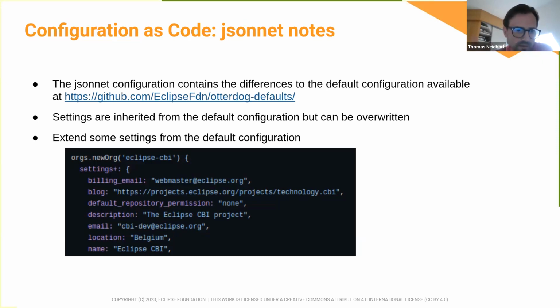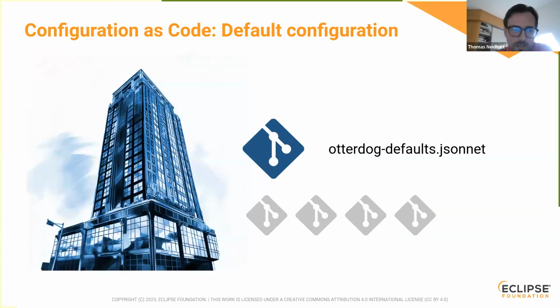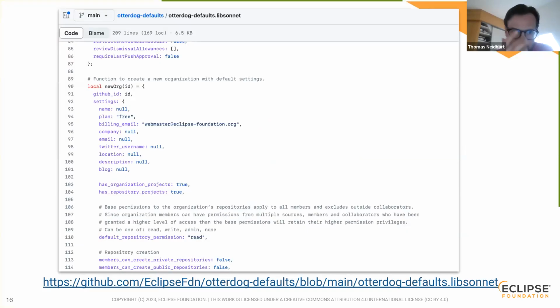Here's again an example, as you have already seen. To extend or override the settings from the default, you just provide the setting that is different from the default, and then provide the value for that. But it's just an example. So the default configuration, a quick look at how it looks like. You can take a look there.